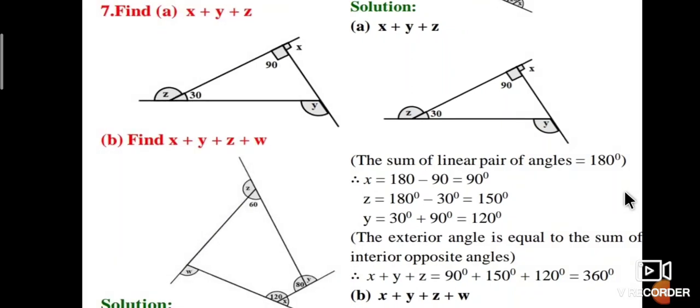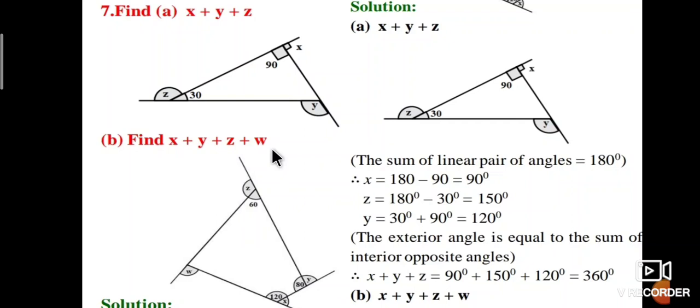108 degrees. Okay, next, the seventh question, students. The seventh question is: find, option A, x plus y plus z. In the second one, find x plus y plus z plus w. In all of these, we are finding these angles.